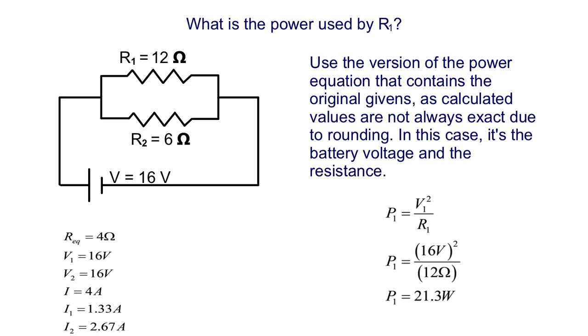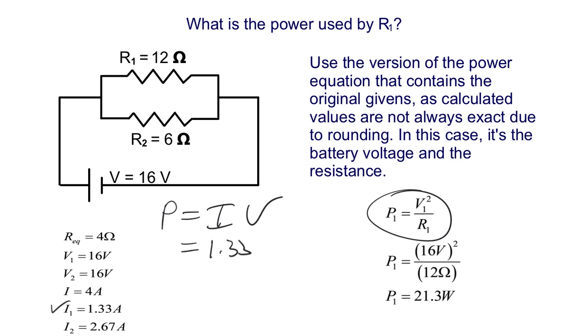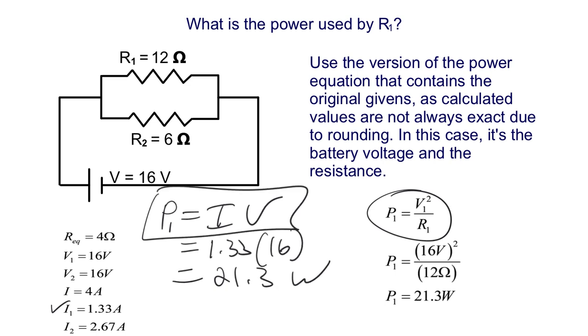So they used a different equation because they used V and R. But I could just easily use P equals IV. So P equals the I through 1, which is 1.33, and the V is 16. So 1.33 times 16 is the same thing, 21.3 watts. That's what I would have done.